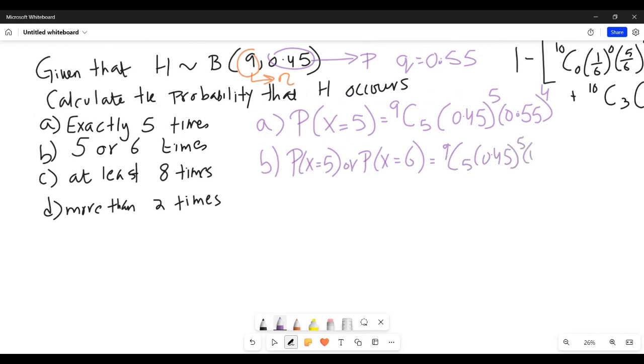You can directly use the result of the first part and then add 9C6 0.45 power 6, 0.55 power 4. Sorry, 3.